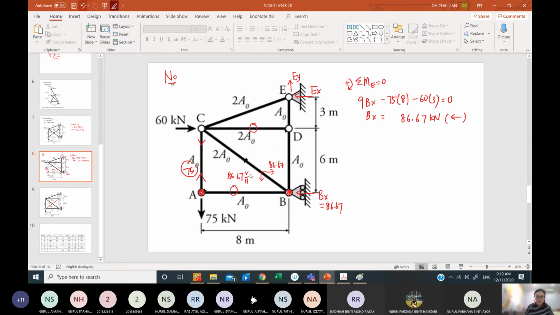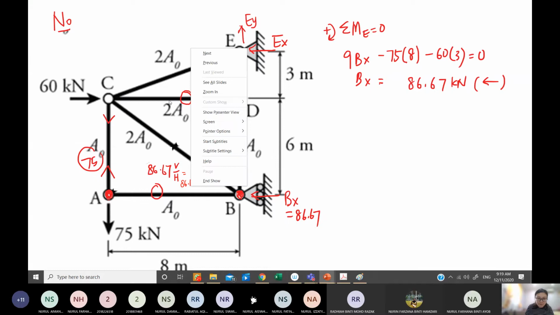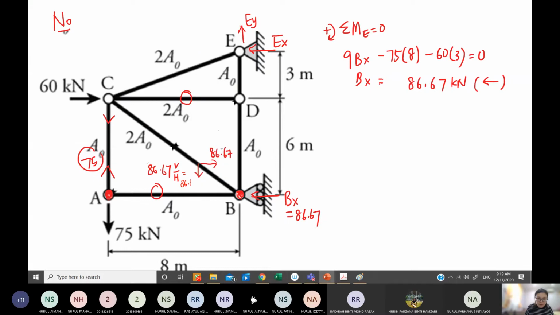So it equals 86.667 times 6 divided by 8. Okay, what is that value? 65. 65. Oh, sharp, huh?